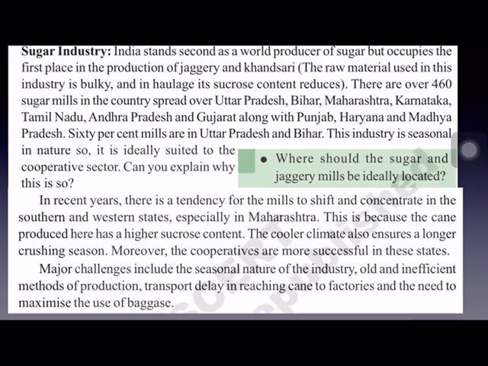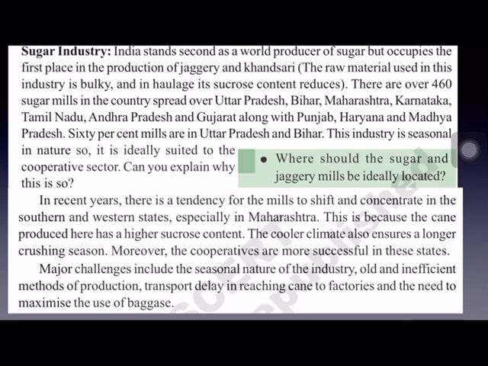But recently, the government made a proposal to shift these mills to Maharashtra because the sugarcane grown in Maharashtra has a higher sucrose content and more sugar can be produced. Also the cooler climate of Maharashtra helps in a longer crushing season. And moreover, in the southern states, these cooperatives are more successful in running.